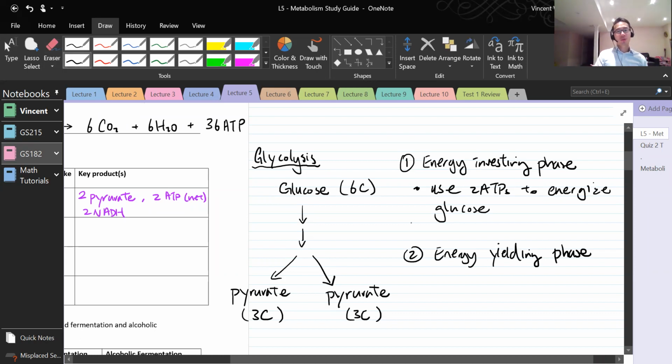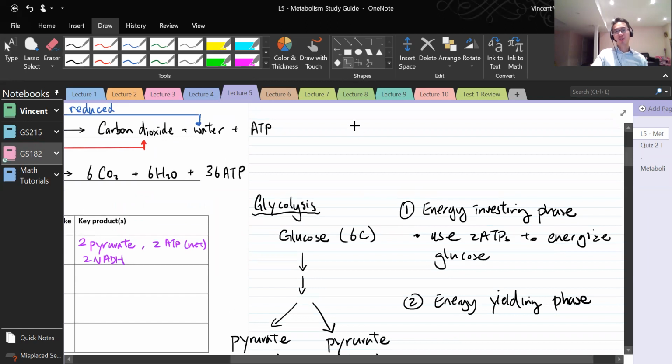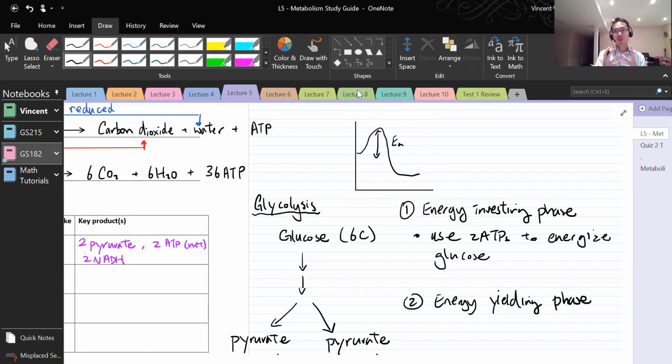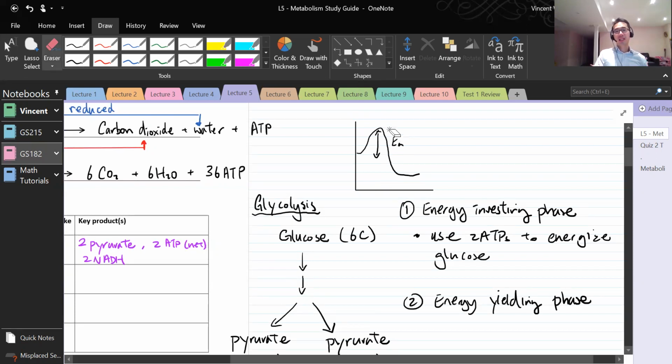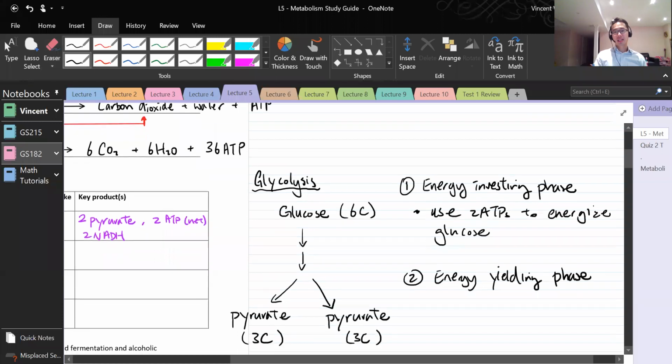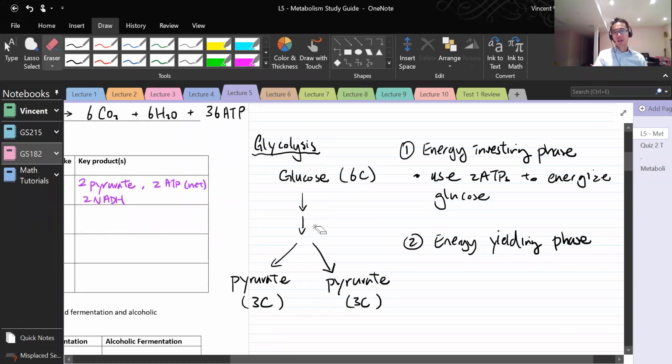I don't know if you remember this, but I talked about it in lecture 2. In order for a reaction to occur, you must supply what we call the activation energy. That's the energy you need to invest initially to kickstart the reaction before it's going to happen. So that's what we're talking about here. The 2 ATP will energize the glucose, make it unstable, make it willing to react. That's going to be the first 5 steps in glycolysis.